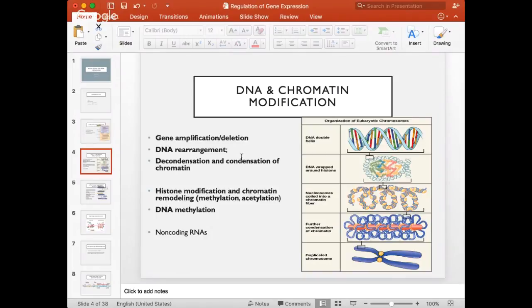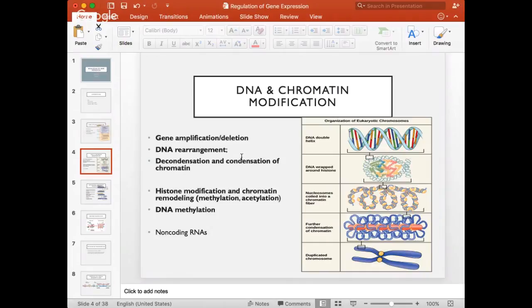The word amplify generally means to make more of. Gene amplification is the case where you produce multiple copies of the same gene. This is done by replicating the DNA in a specific chromosomal region. Amplification of genes could sometimes mutate and then encode for different functional peptides.